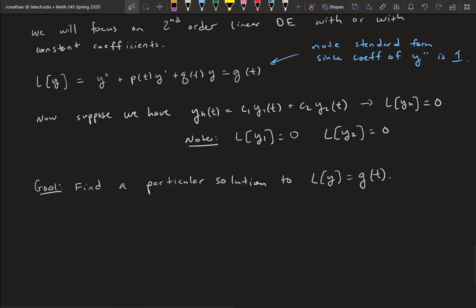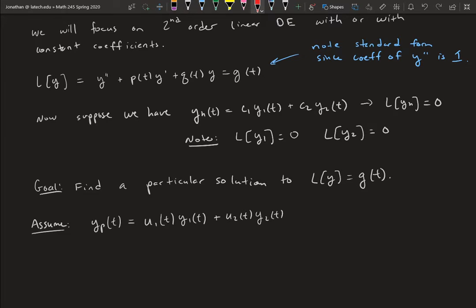What we're going to do is assume that y_p of t has the form some unknown function u1 of t times y1 of t plus u2 of t, some other unknown function, times y2 of t.